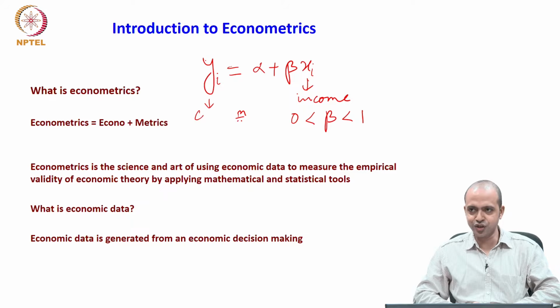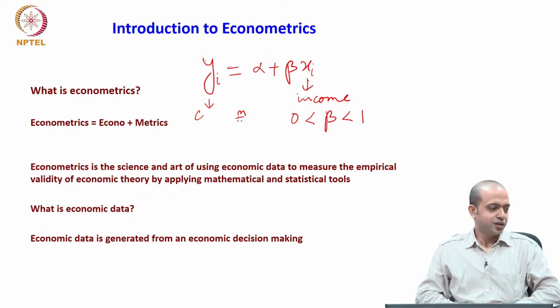An econometrician will use that mathematical model, will also use the data collected by the statistician and then try to analyze the data to give the empirical validity of economic theory, right.